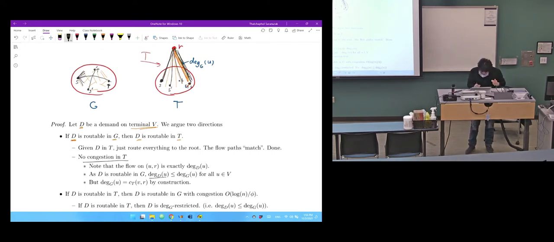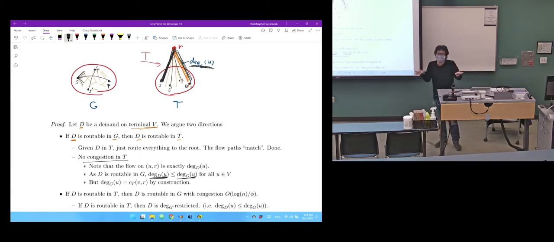So the total demand at U, for every U, is at most its degree. But now, what do we do in the tree here? The capacity is just the degree of each node. So this capacity is set to be large enough for sure, so that you can send flow. So given the demand in G, you can route in T too. Okay. That's one direction.